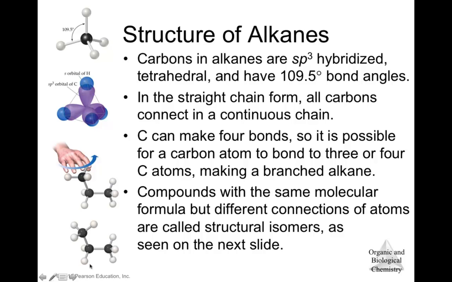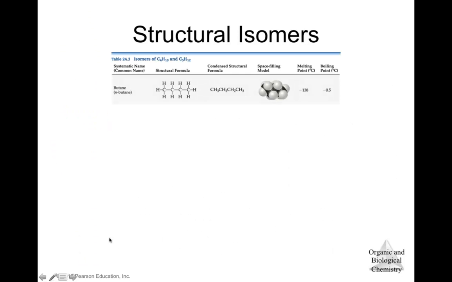So here we have, for example, propane. We have 1, 2, 3 carbons, and this one is CH3, CH2, CH3. So the condensed structural formula is CH3, CH2, CH3 for propane. Here we're going to mention a few structural isomers. First we have butane.